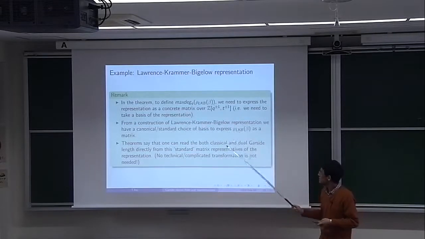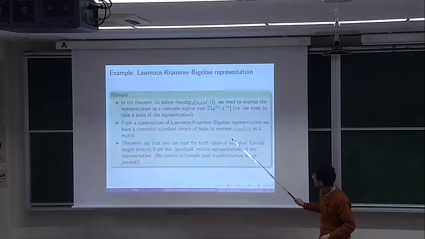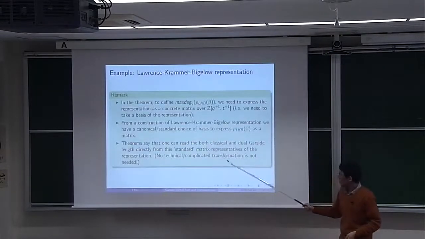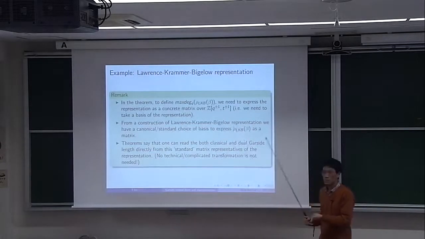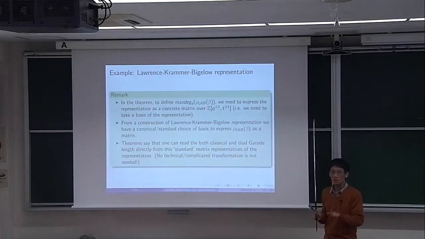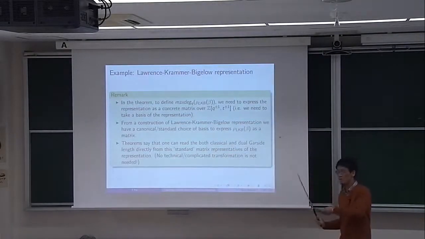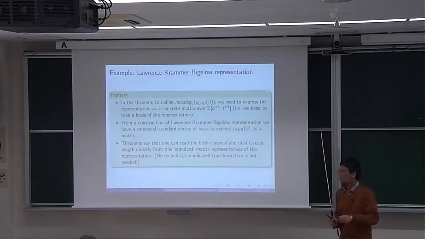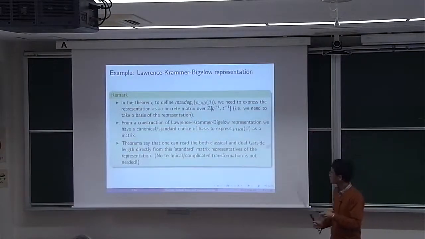This theorem says that using this canonical choice, we can read the normal form directly. Of course, the representation is faithful, so in principle we can read the normal form and length, but no technically complicated transformation is needed. We just look at the image, and, okay, the maximal degree is q^6 and the minimal degree is q^1, so its length is 5. So it's quite easy to read.